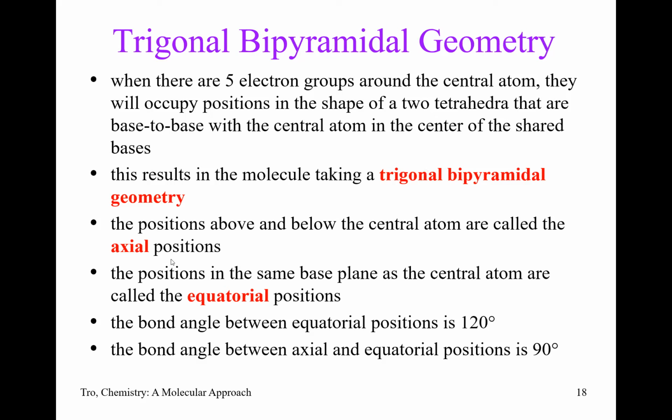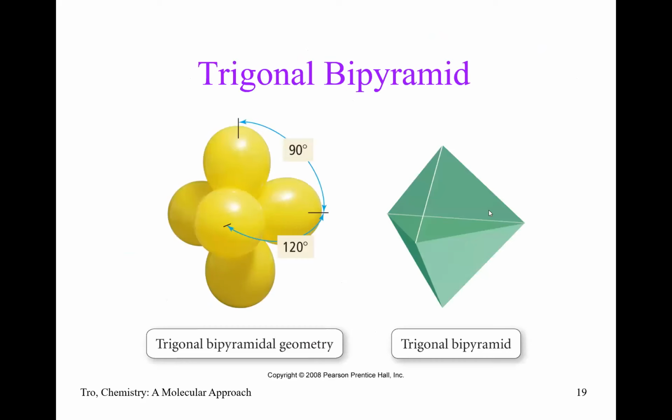Then the top is the poles, and they're called the axis. So what this really looks like is the tetrahedron from the last slides. If you slap those 2 together, there's the triangle. It looks just like before, but instead of just 1 atom at the top, there's a second.